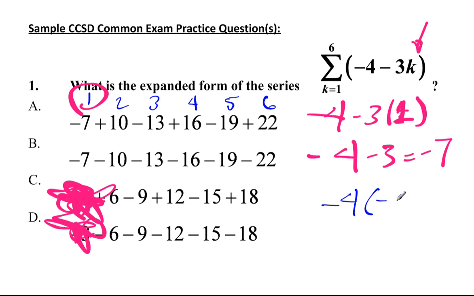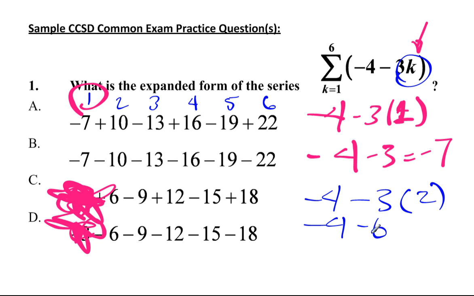Negative 4 minus 3, oh, I apologize. Negative 4 minus 3 times 2. Just plug it in here. Negative 4 minus 6 makes negative 10, which is what we have here and not here. So B is your answer.